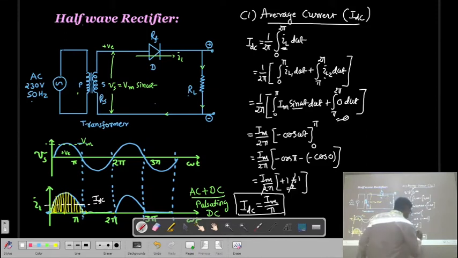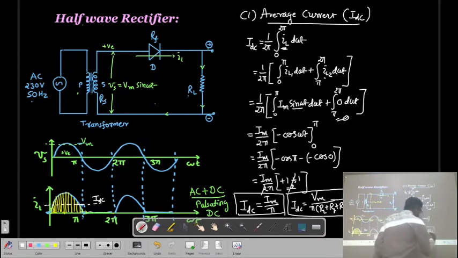So sometimes it is also written as IDC equal to Vm by pi into (Rf plus RL plus Rs). If you want to calculate the average value of the current, you can use this formula.